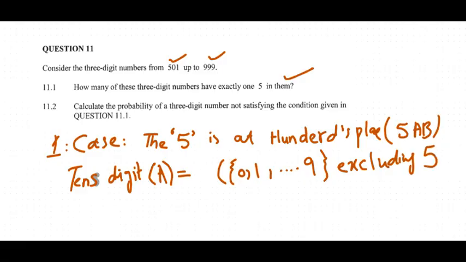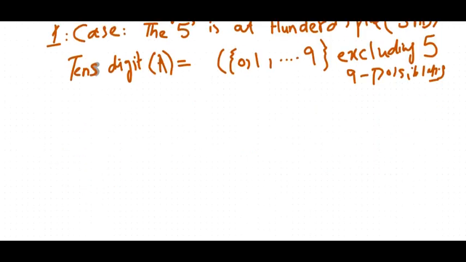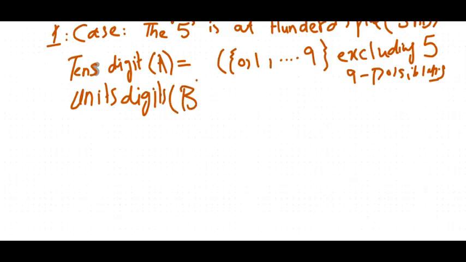For the units digit B, there are 10 digits total, and excluding 5, we have 9 possibilities too.